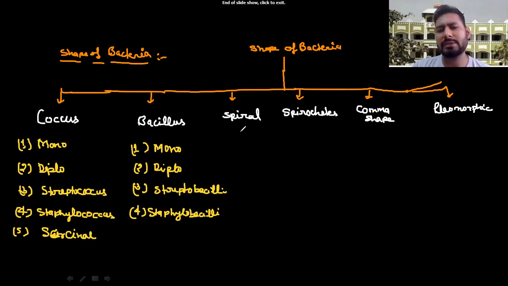Then the spiral shape, spirochetes, comma shape, and pleomorphic. Now this is the shape. Now we are going to explain one by one.